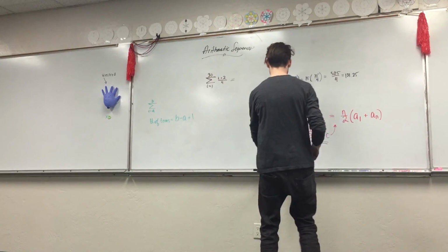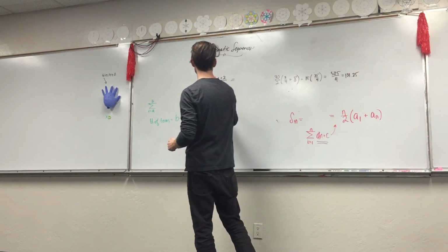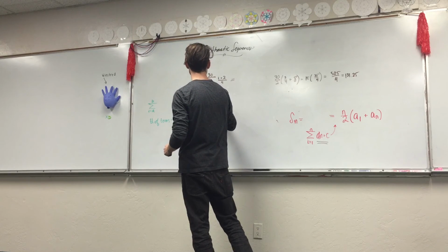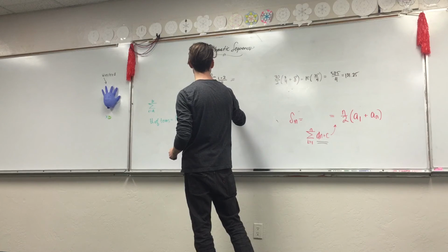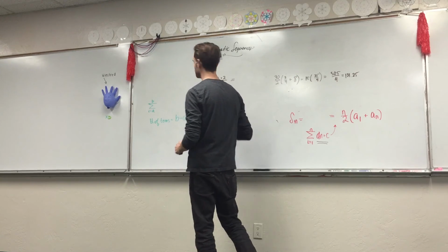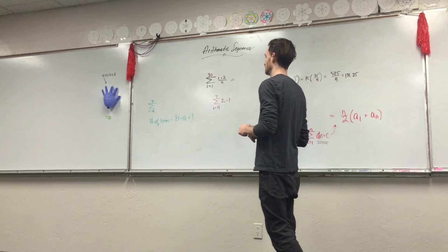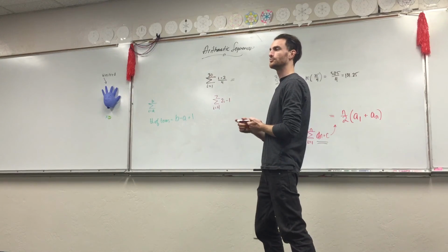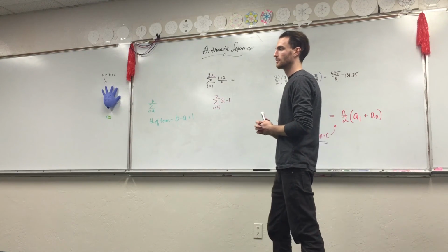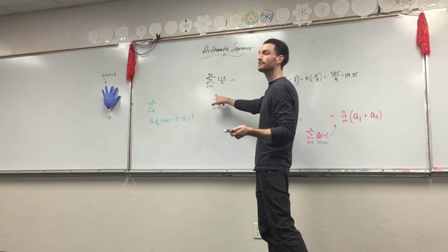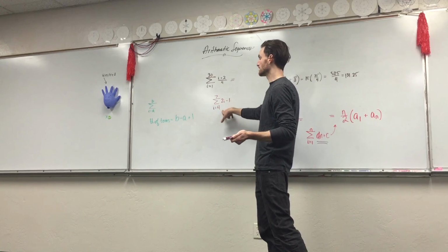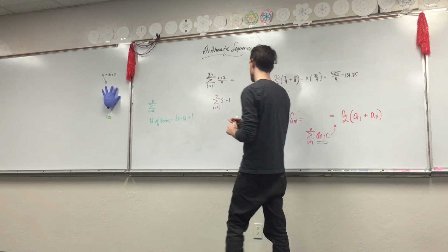Very good. Now, the last one I want you guys to do: sum from i equals 4 to 7 of 2i minus 1. Just real quick. How many terms does it have? 7 minus 4 is 3, plus 1 is 4.